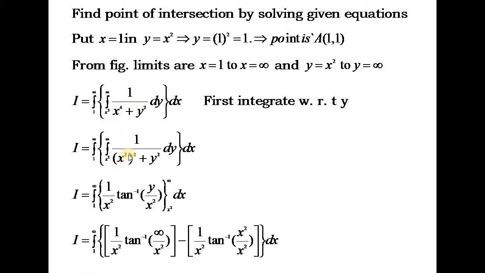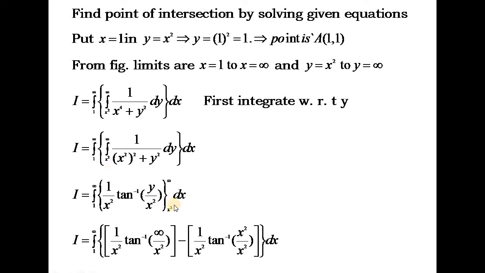So x raised to 4 is (x square) square, because we know one result: 1 upon a square plus x square, result is 1 upon a tan inverse x upon a. So here x constant, so 1 upon x square, that is 1 upon a, and tan inverse y upon x square, that is y upon a. Result for y, 1 upon x square tan inverse y upon x square.